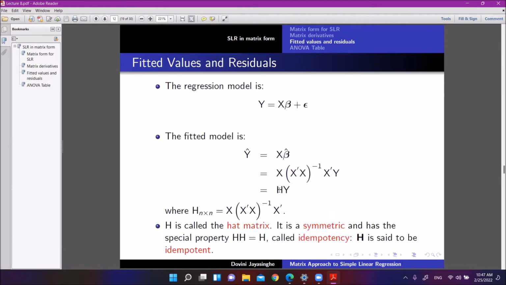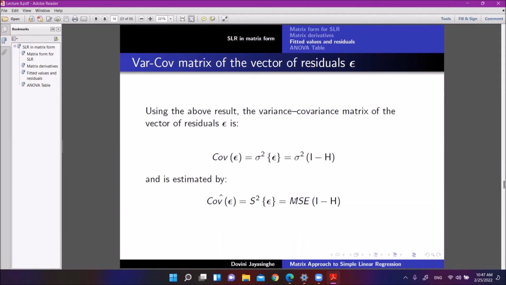Why did we use this notation here? It's easier to obtain these matrices, compute and see. So this variance covariance matrix is given by this one. If you know the MSE, you can compute it. Estimated one.